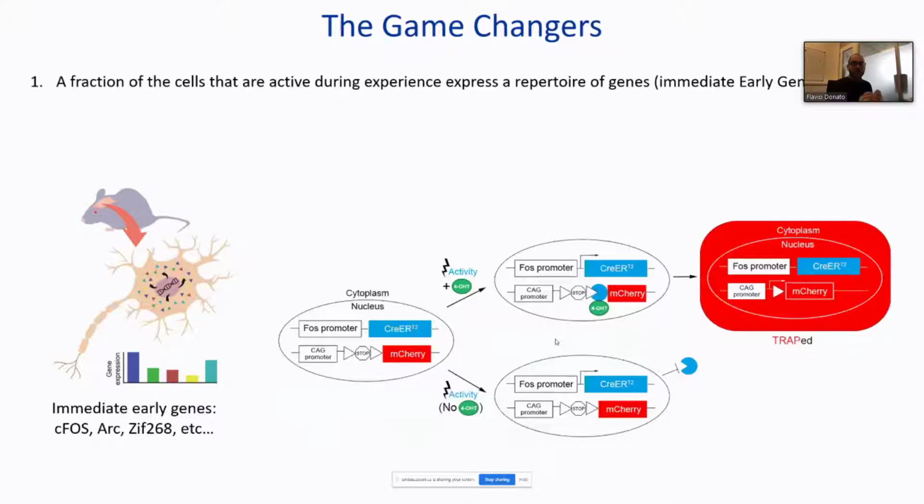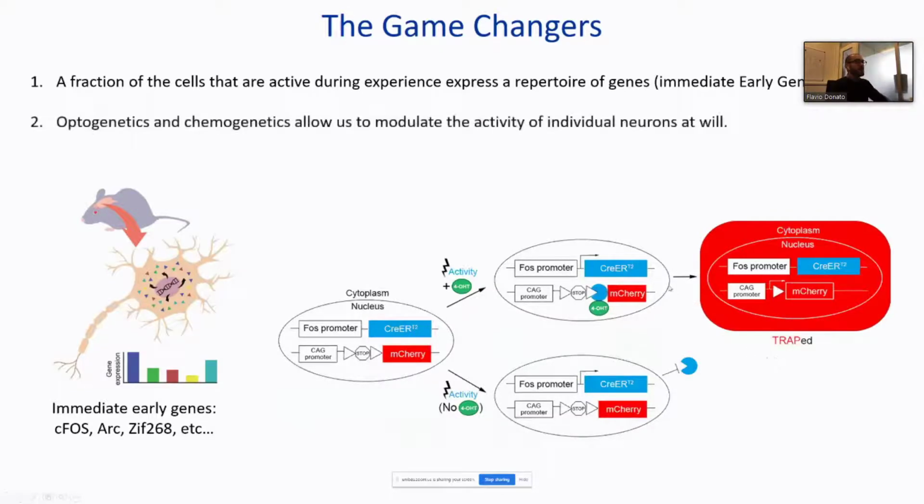Because at that moment, when the neurons that are active during a specific period of time, that is during experience, are genetically accessible to us, we can trap these neurons and have them express some recombinant protein, like for example mCherry.